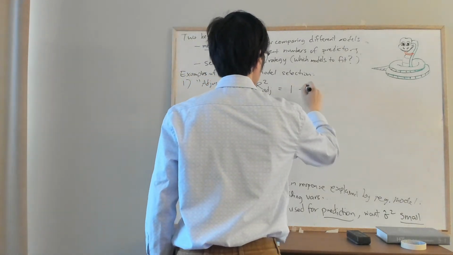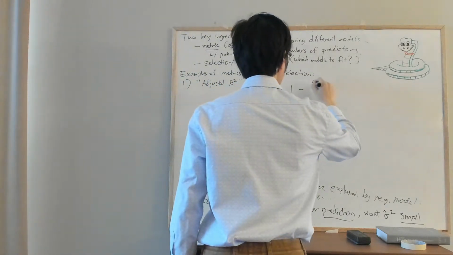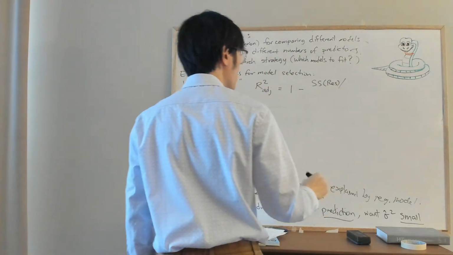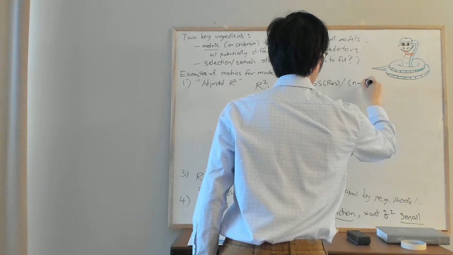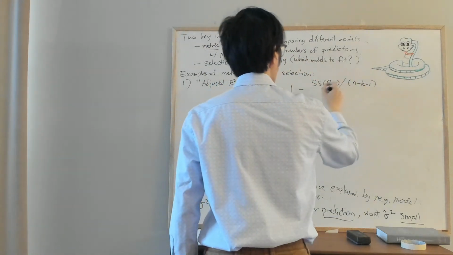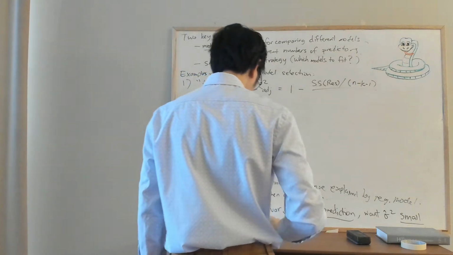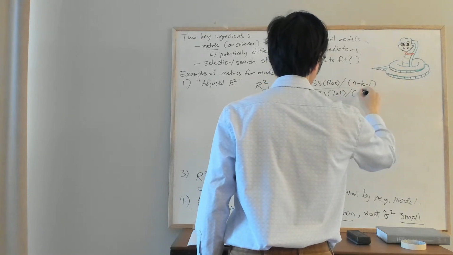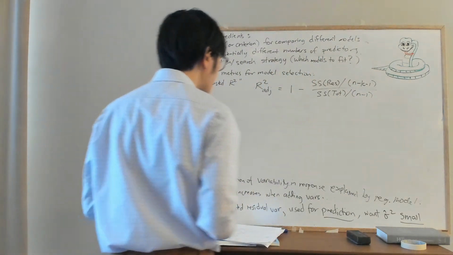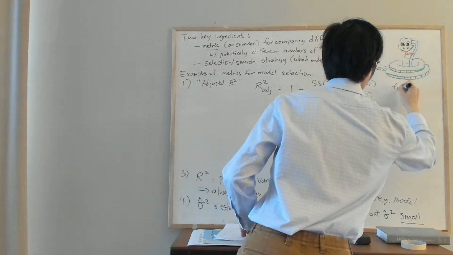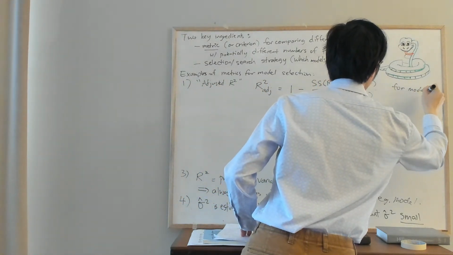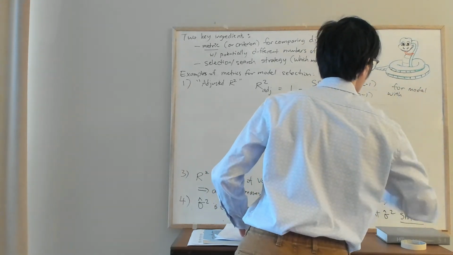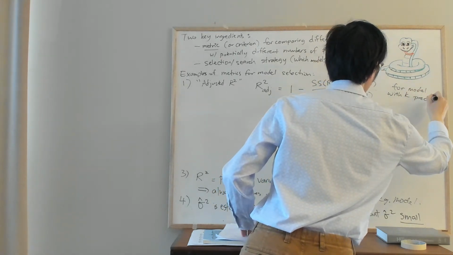It's 1 minus the sum of squares residual divided by n minus k minus 1, suppose we fit a model with k predictors, and then on the bottom is the sum of squares total divided by n minus 1, for a model with k predictors.